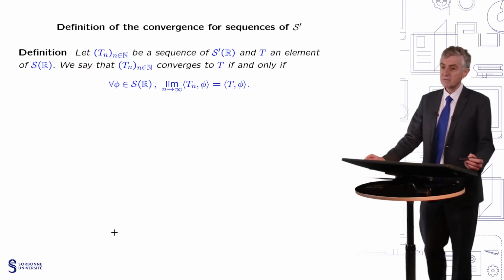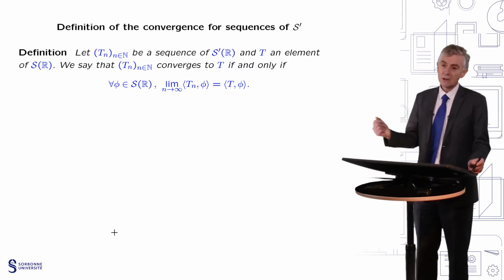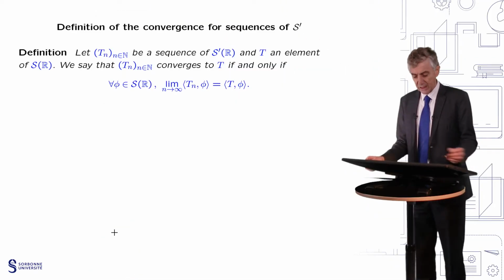And to conclude this series of examples, let us show a distribution as a limit of a sequence of distributions. A limit of a sequence of distributions we define like this. This is in fact the weak star convergence.